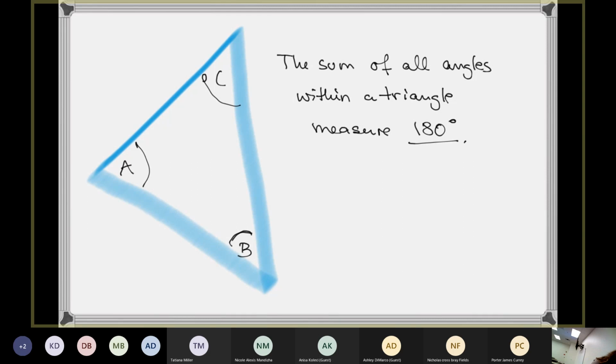Okay, now let's take a look at some word problems. Let me take a picture, that way I don't have to write it down. So the simple one first.